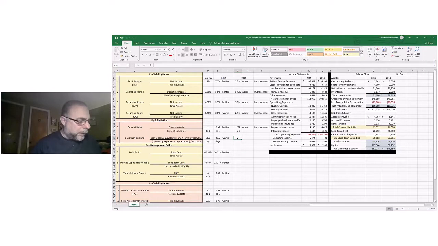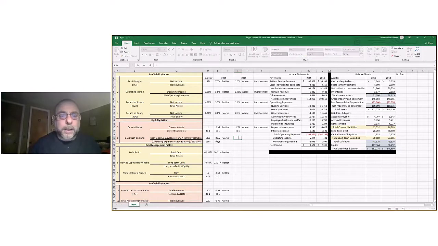So in this particular case, we're going to get our cash and cash equivalents. So let's see, we've got cash and cash equivalents, that's the 3,095. And we're going to add our short-term investments. Right? And then we want to divide. This one's kind of tricky because of the way I have it set up. We want to divide by our operating expenses.